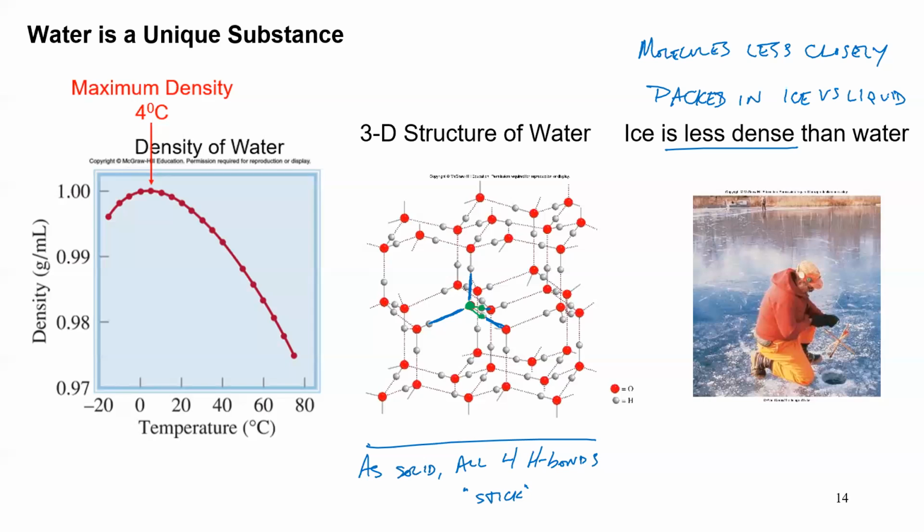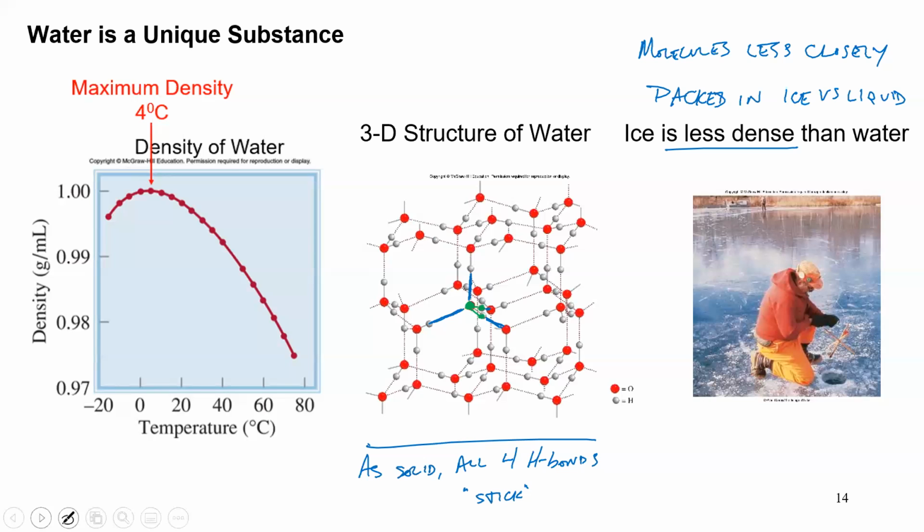And then you'd get to this point where most of the water in the ocean is ice at the bottom, and you just have this little livable layer on the surface. Most of the water would be encapsulated in ice, and we wouldn't have things like icebergs and glaciers and all that fresh water on the surface. So there are some people who argue that this one fact of water is the reason why we have life on Earth.